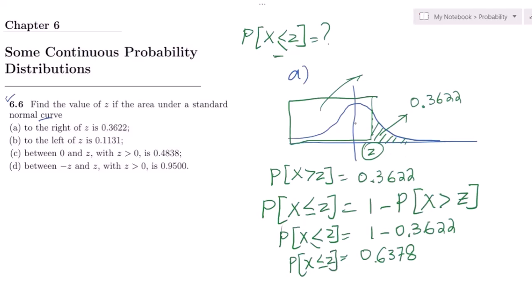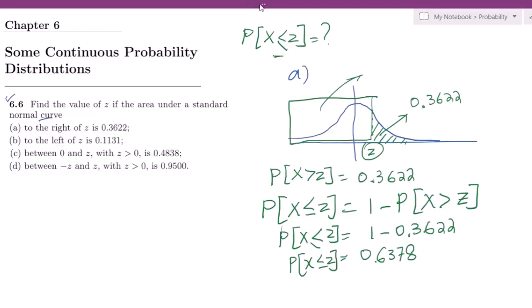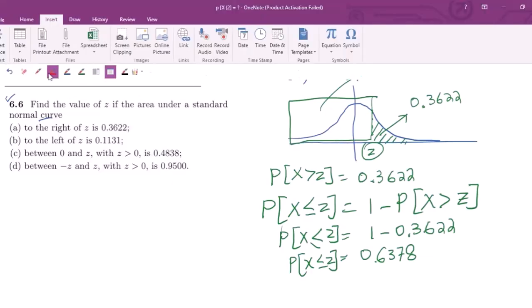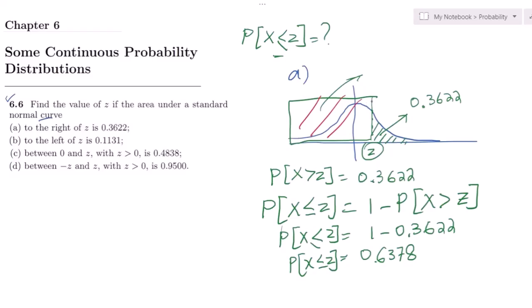We know all these values, and we know this area. Now on the basis of it, we want to find the value of z. To find the value of z, we have the table.